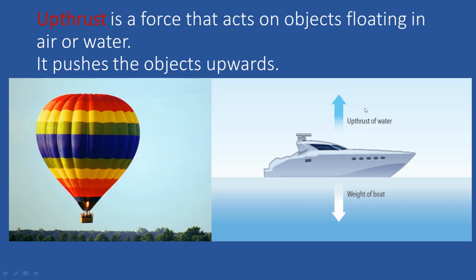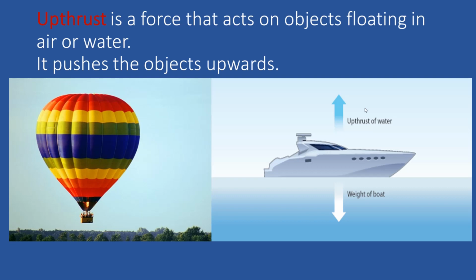The object pushes downward and the water exerts an upward force on the object. The upward force is the upthrust and the downward force is the weight. So it pushes the object upward.